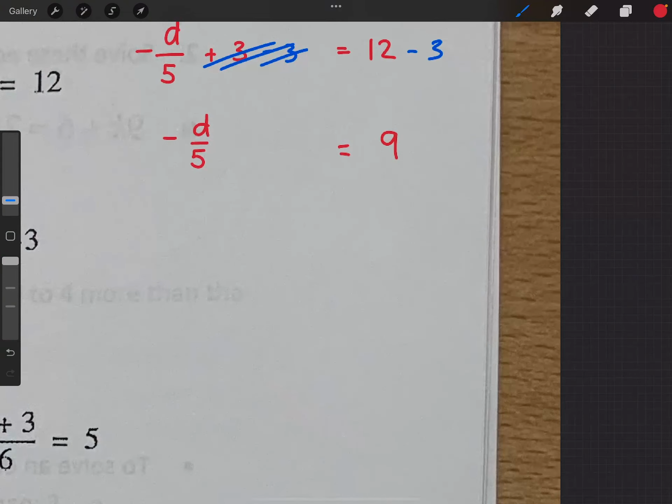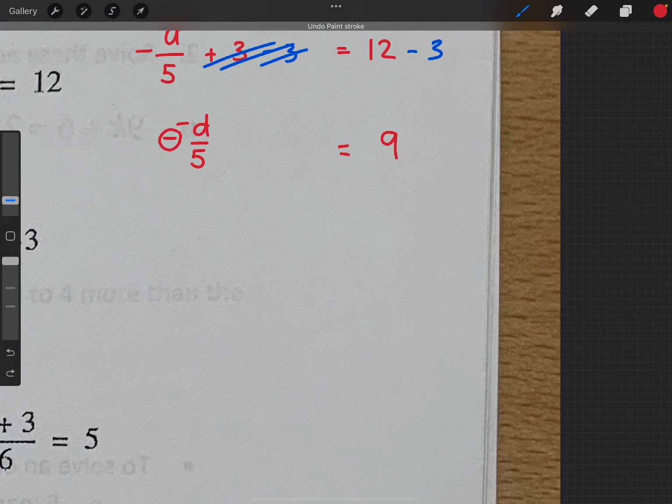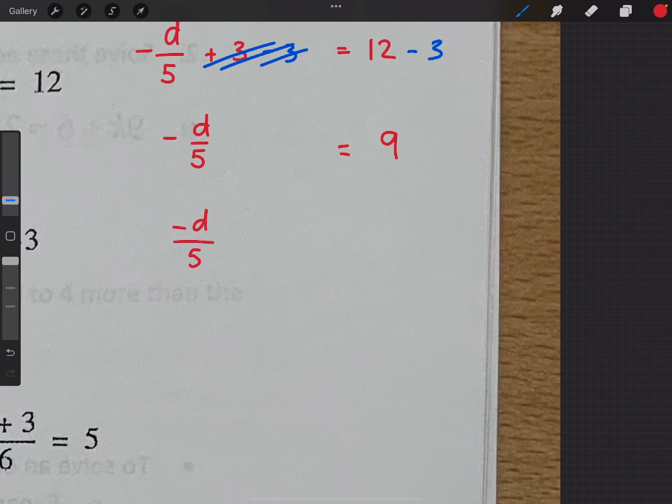Now this minus sign can be a bit confusing, right? The thing with the minus sign is that this is a minus number. Because it's a fraction, I can move this minus to the top or to the bottom. So I could say it's minus d divided by 5, or minus d over 5, or d over minus 5.